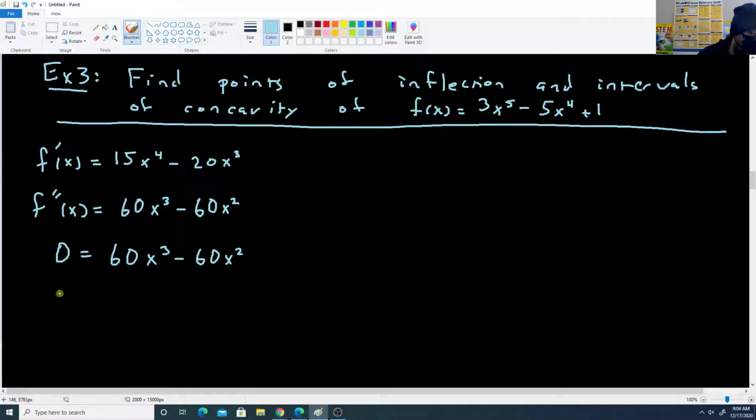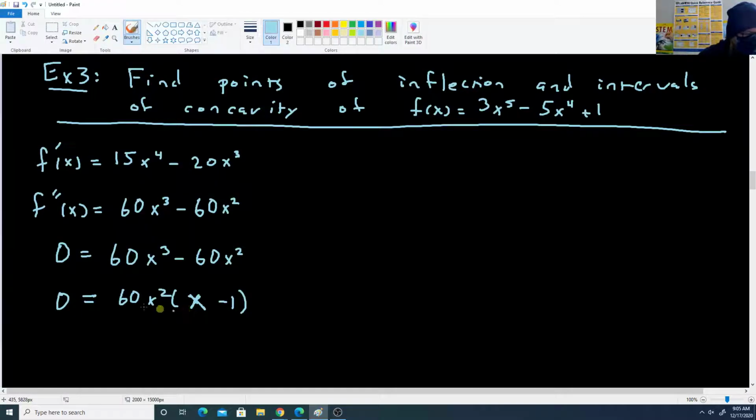Okay, so I need to factor this. So we'll get 60 times x squared. Sorry, 60x squared. Let's remove both x's. Well, if I remove 60 and I remove 2 of the x's, that leaves me a single x. Then I remove 60, I remove the x squared, that leaves me a minus 1.